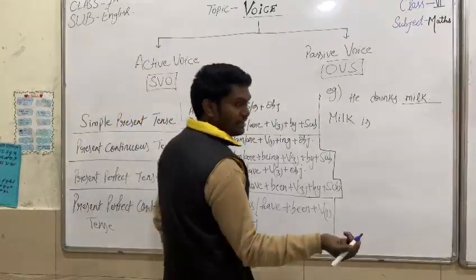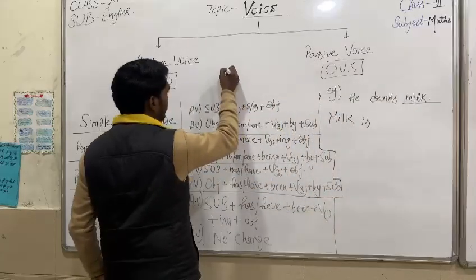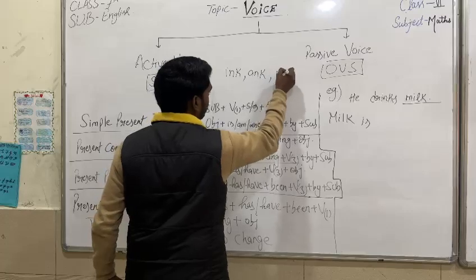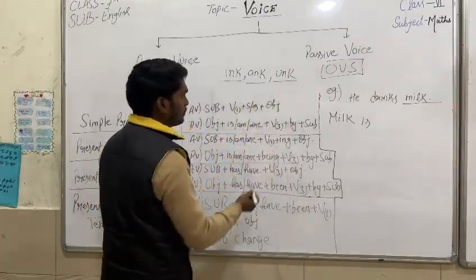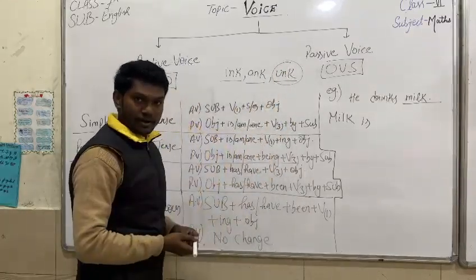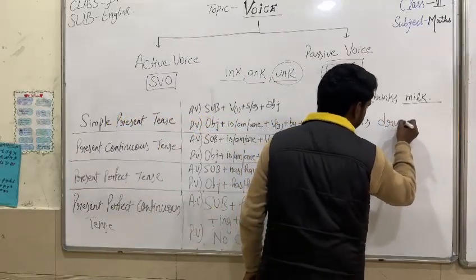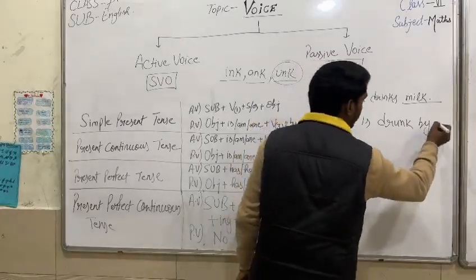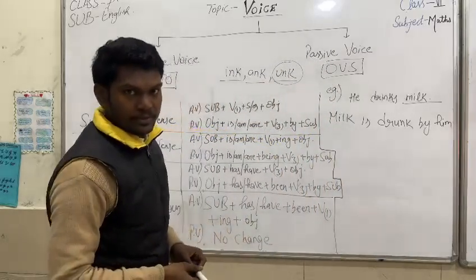It is ink, ank, unk. Drink, drank, drunk. The third form of the verb is drunk. Milk is drunk by whom? By him. Milk is drunk by him.